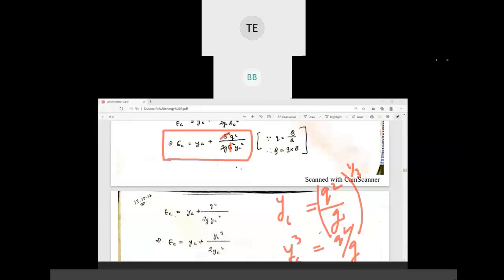That we have already derived just now. So here we have q square divided by g; in place of that we can directly write YC cube, from equation number 1.